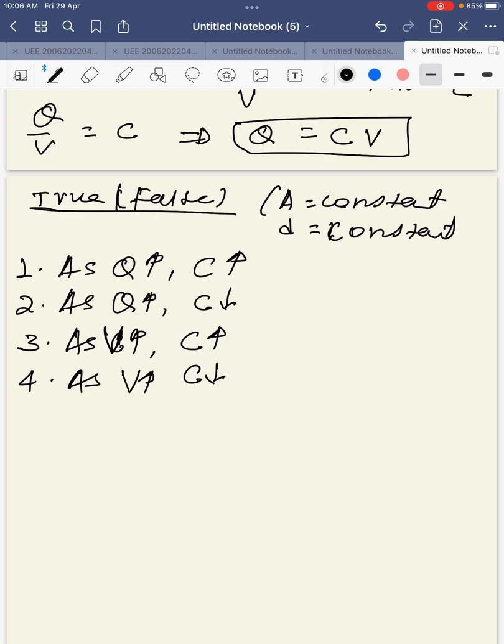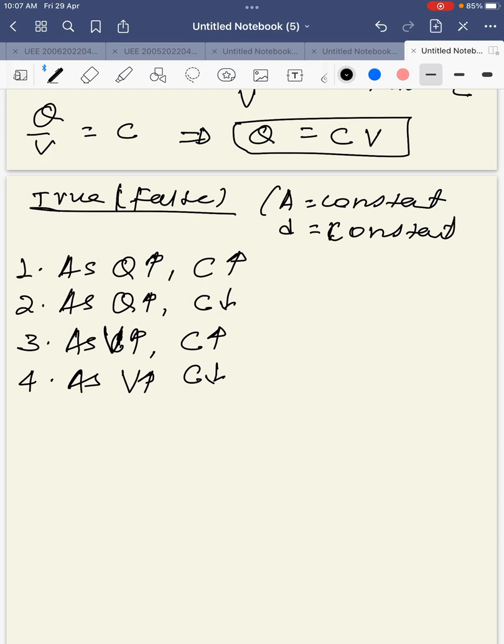Now we have a good analogy in water flow, or when water is stored in a container. You can assign the water as the amount of charge. The container that the water can be stored in is the capacitor, and the level of the water in the container is the voltage or the potential difference between plates.